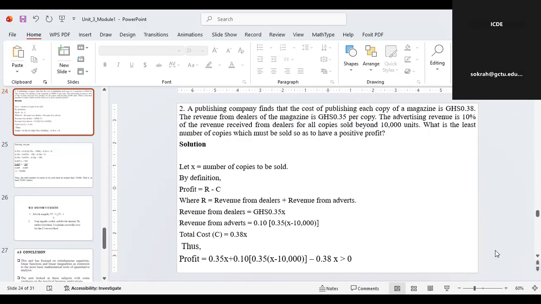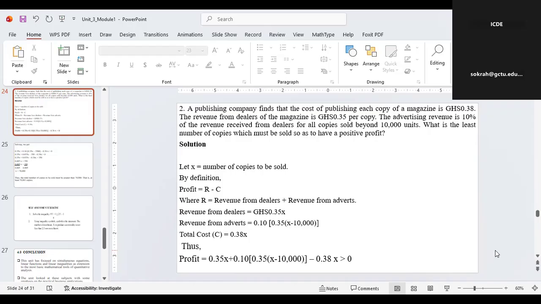The other way of getting revenue from each copy is from advertising. So when they advertise, the revenue they got was 10% of the revenue received from dealers for all copies sold beyond 10,000 units. Okay, beyond 10,000 units, they get an additional 10% of the revenue received from dealers.